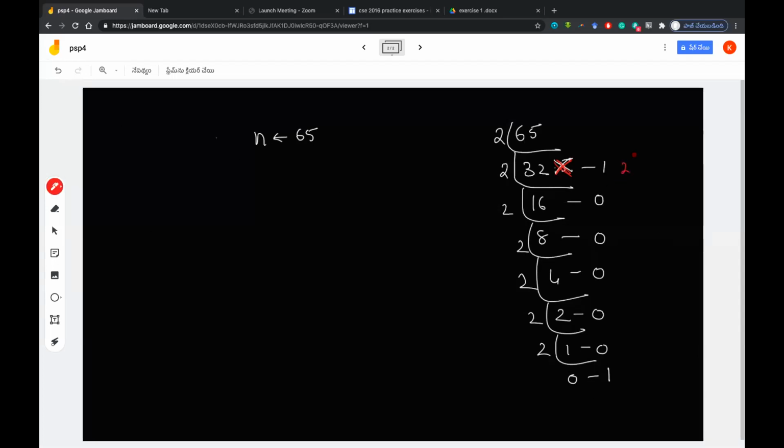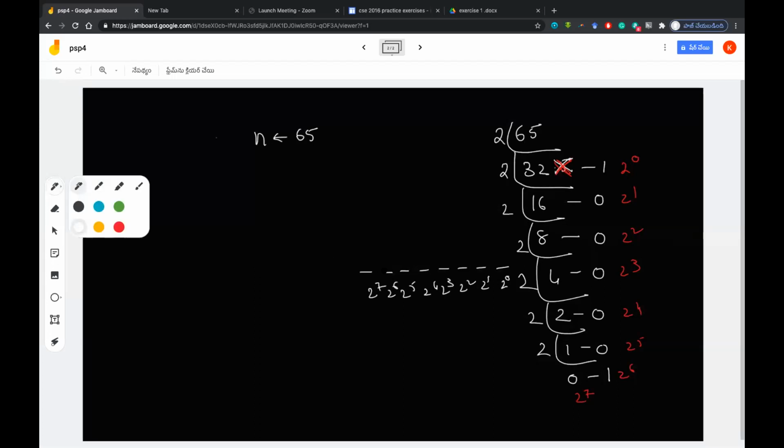It is 2 power 0, this is 2 power 1, 2 power 2, 2 power 3, 2 power 4, 2 power 5, 2 power 6, and 2 power 7. So if you consider the same number, if you have 8 bits in your case, like this: 1, 2, 3, 4, 5, 6, 7, 8, and this is considered as 0, 1, 2, 3, 4, 5, 6, and 7, right?